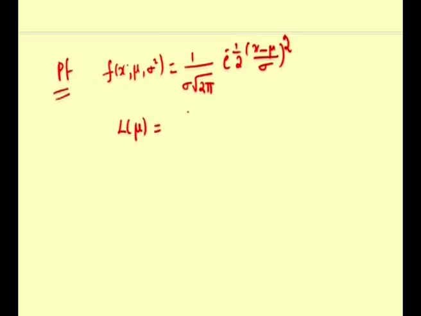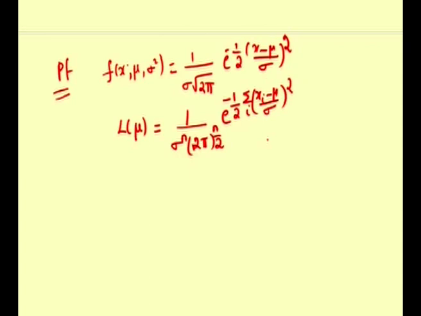Here it becomes 1 by sigma power n, 2 pi to the power of n by 2, e to the power of minus half summation over i of xi minus mu by sigma the whole squared. That is the likelihood function in the sense that for x1 you replace this function, for x2 you replace the function, x3 etc. up to xn, then you multiply, you get this function.